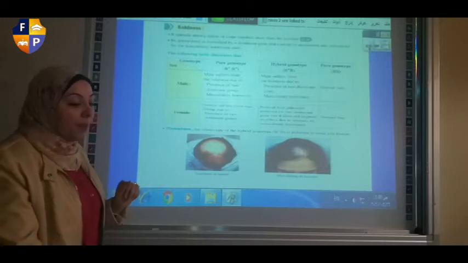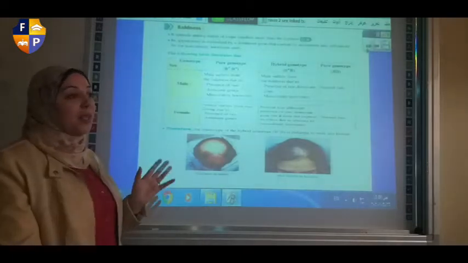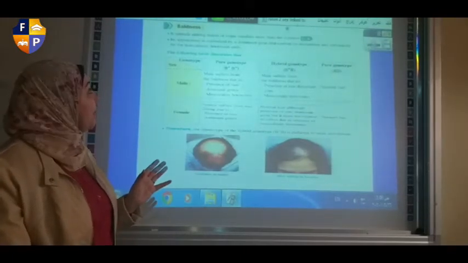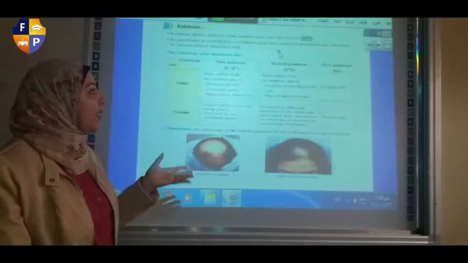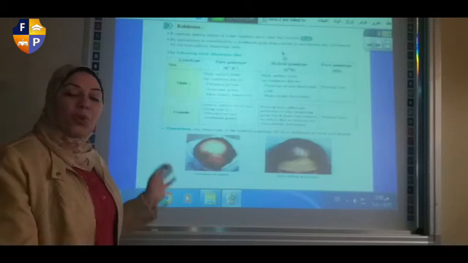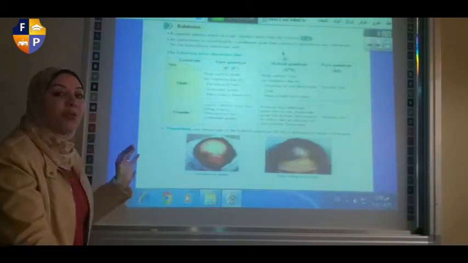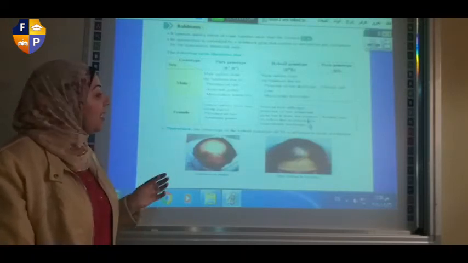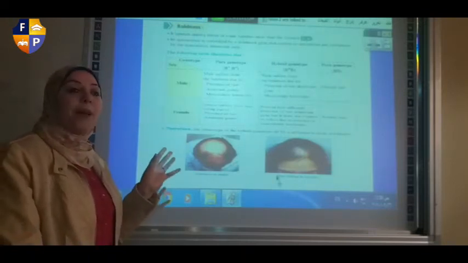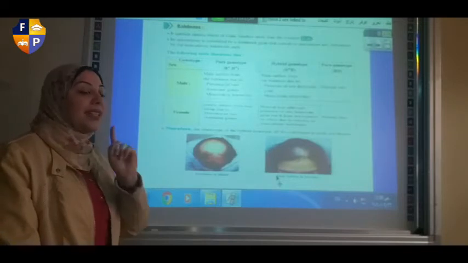Let's say baldness. We know that baldness is more common among males of some families than females. Why? Because it is a sex-influenced trait affected by the presence of the male hormone, called testosterone.